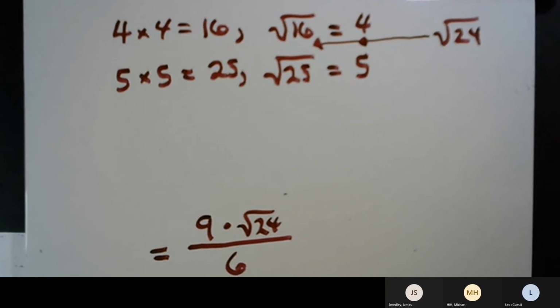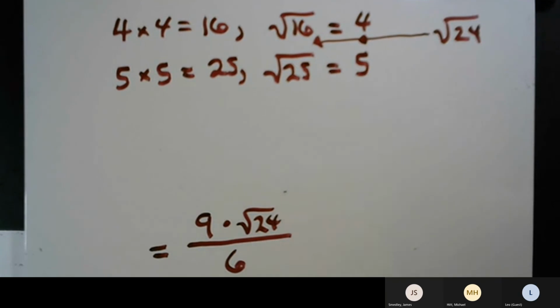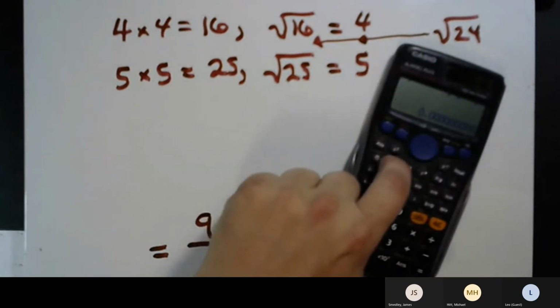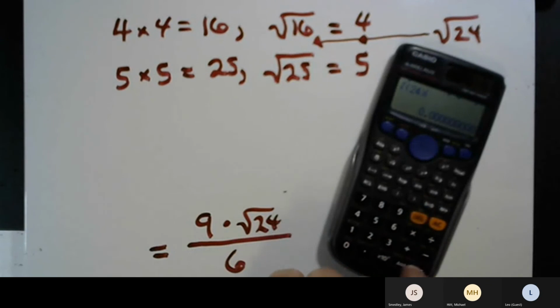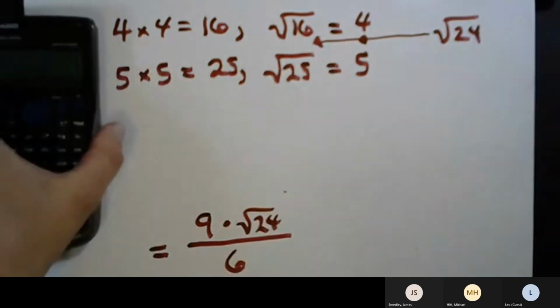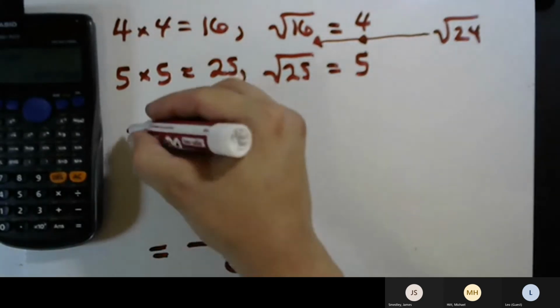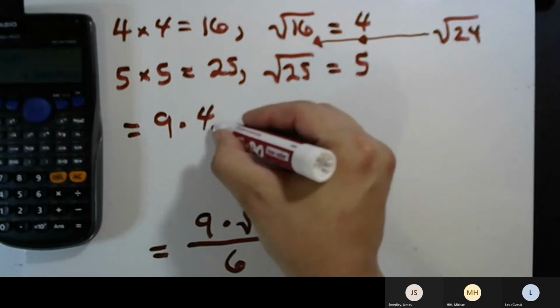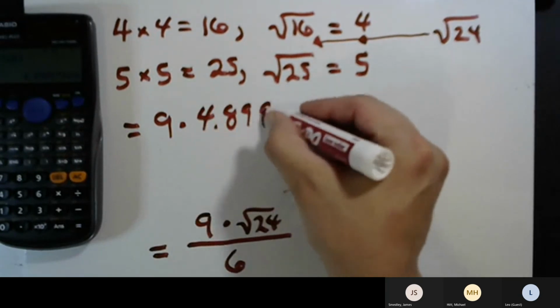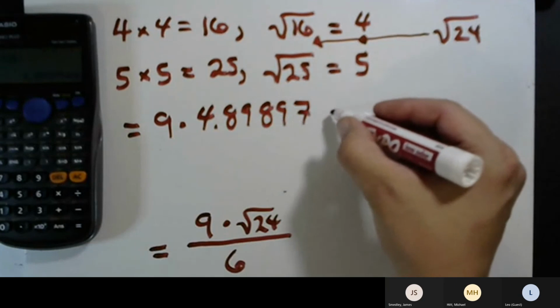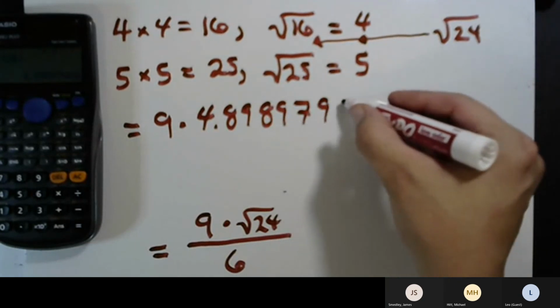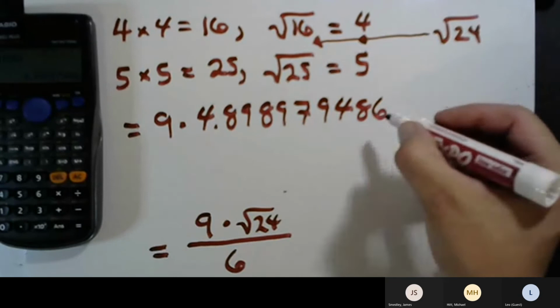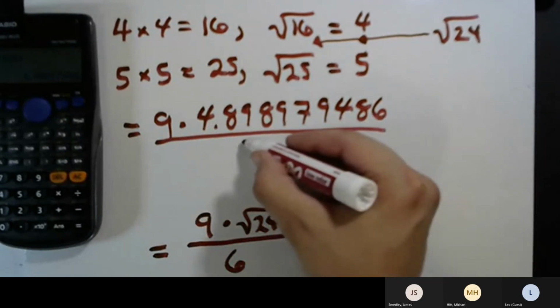Oh gosh, I can't think of a number between 4 and 5 that multiplied by itself gives you the square root of 24. Break out the calculator. Square root of 24 is, ooh, that looks like an irrational number. So we'll go with that as an irrational number. So now we have 9 times 4.898979486 over 6.